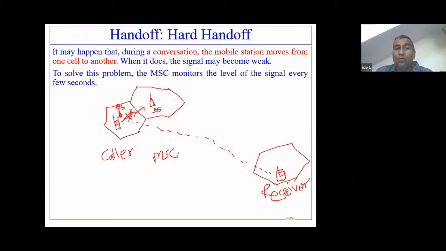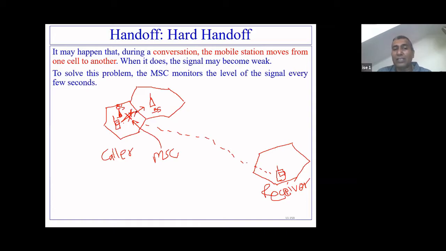While this person holding this mobile phone is still on the move, he will never know how the switchover has taken place from one base station to another base station. So this is the process by which the MSC monitors the signal strength allocated to this mobile station, and when he starts moving towards the edge of the cell, the signal strength goes on reducing as he goes away from the base station.